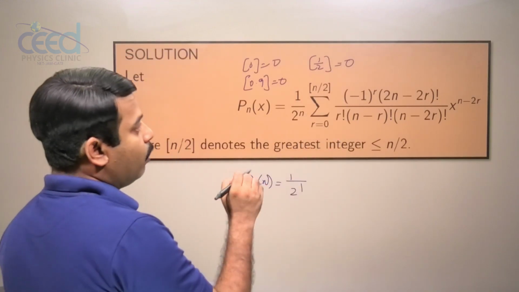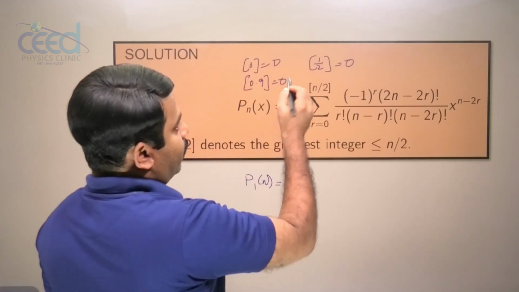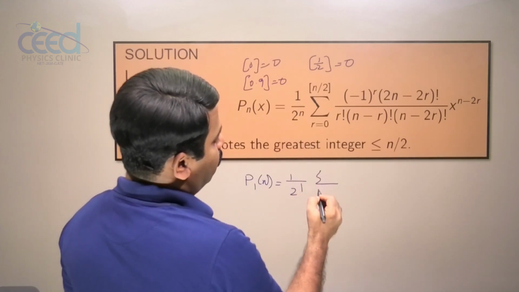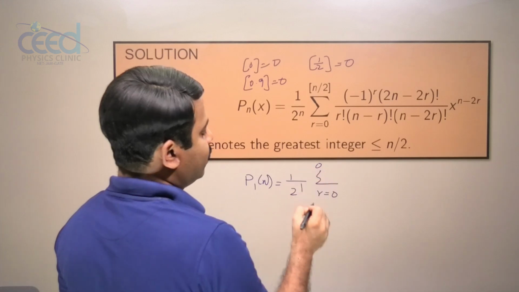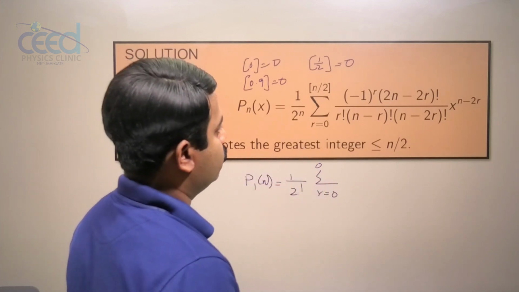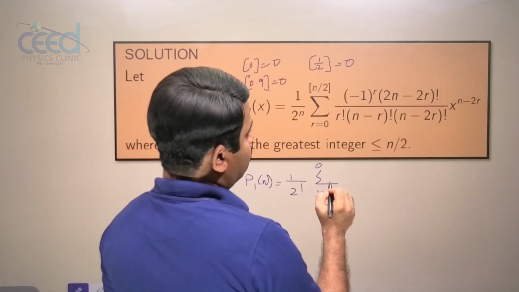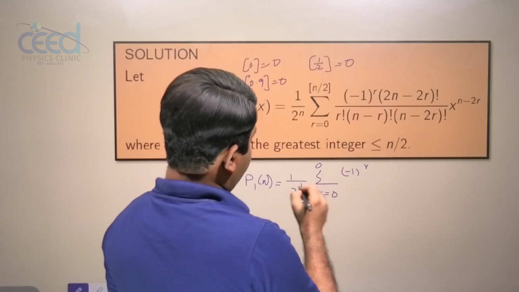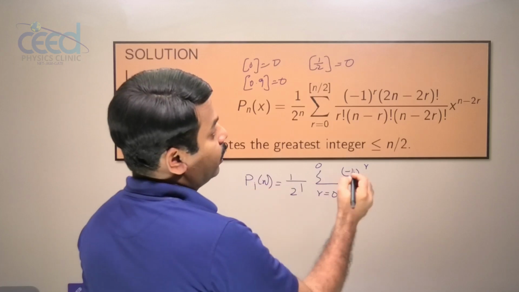Right. Now this is sigma, so we have 1 by 2 raised to 1, sigma r is equal to 0 to 0. That means r has only one value here also. Then minus 1 raised to r, and n I am putting as 1.